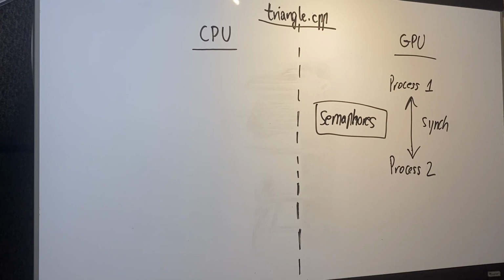This is what has to happen when you're dealing with the two processes: these have to be in sync, or this has to be completed before something else can start. You basically build a relationship on the GPU between two processes, and you set it and forget it. You press play, you set it and forget it, right? And you don't necessarily always know the state of things on the GPU.